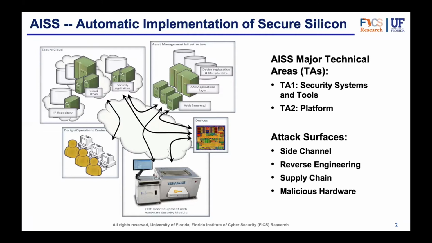There are 4 major attack surfaces particularly mentioned in the proposal, in the program: side channel, reverse engineering, supply chain, malicious hardware. Again, Brandon described them very well, so I'm going to skip those details. The program can be divided into 4 or 5 entities.